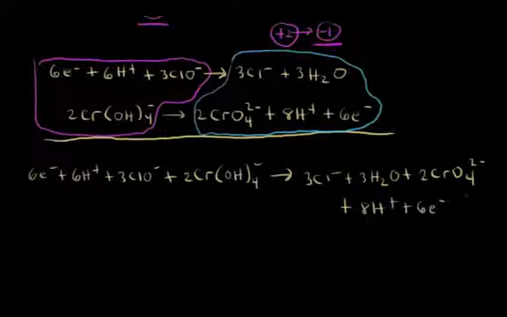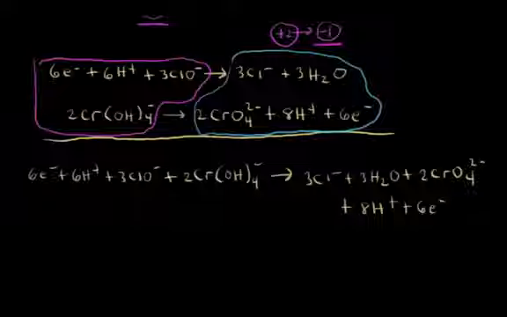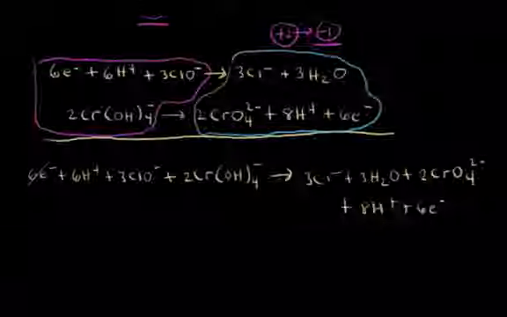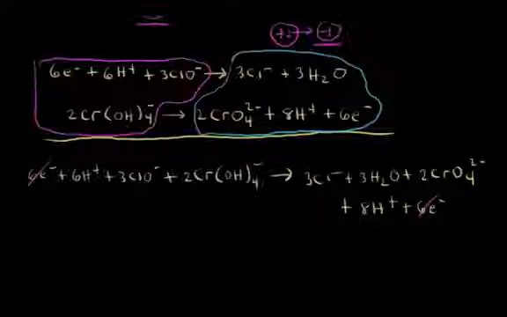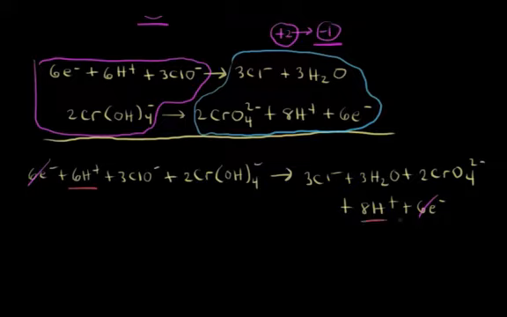So finally, now that we've written that out, I think it's easier to see that you have 6 electrons on the left and 6 electrons on the right, so you can cancel those out. You also have some protons on both sides, right? You have 6 protons here and 8 protons here, so you could cancel out these 6 protons, and you can make this 2 protons on the right side. So let's go ahead and rewrite what we have once again.